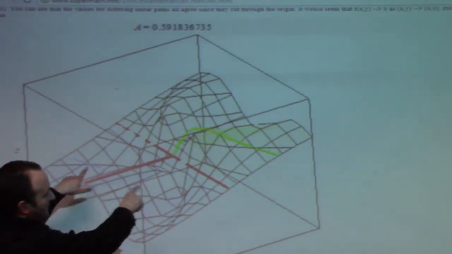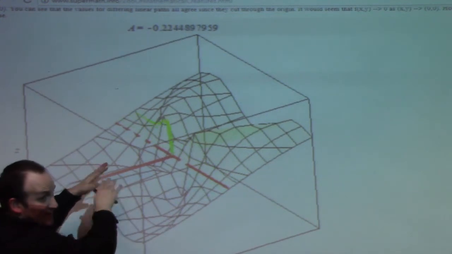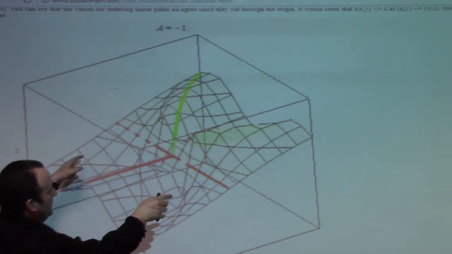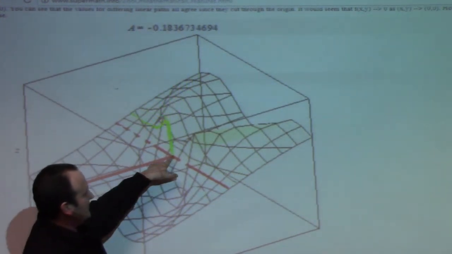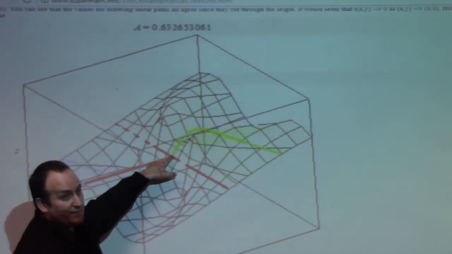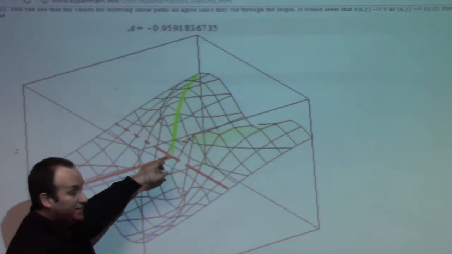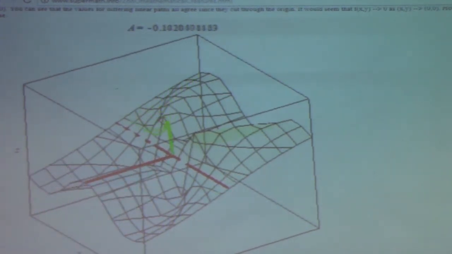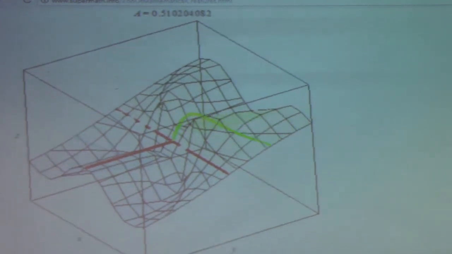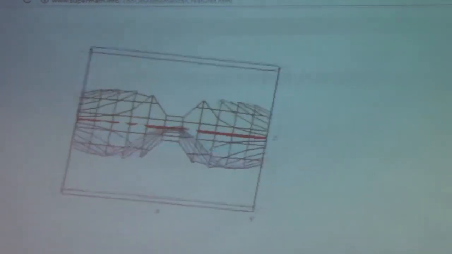So it's a linear path in the domain, which maps up to this curved path on the graph. And those different curved paths all still conspire to go through that same point on the graph, which gives you the appearance that all the limits are equal. All the linear path limits agree and they're 0. But that doesn't say that the function's actually continuous there. It's actually got some kind of discontinuity, which you can see when you look at the quadratic paths.